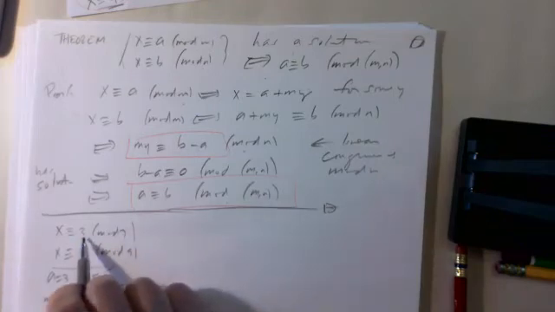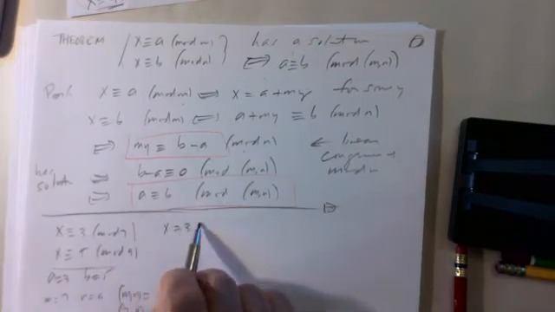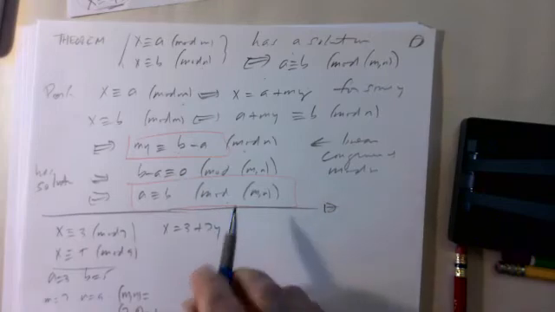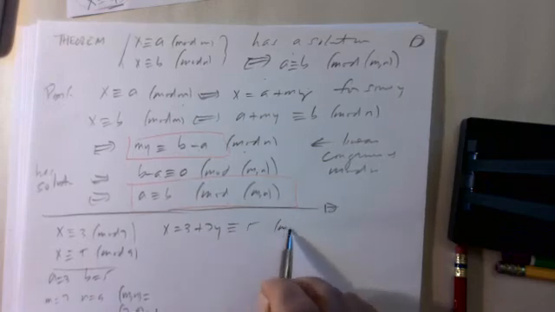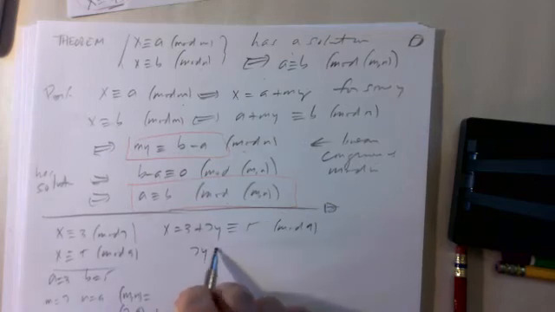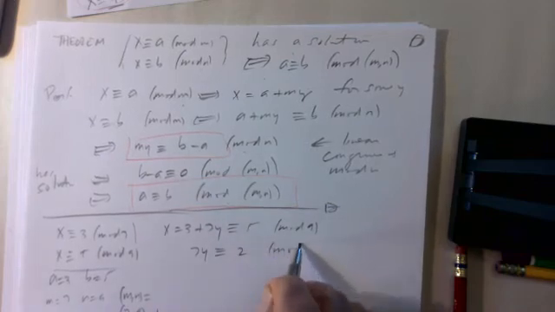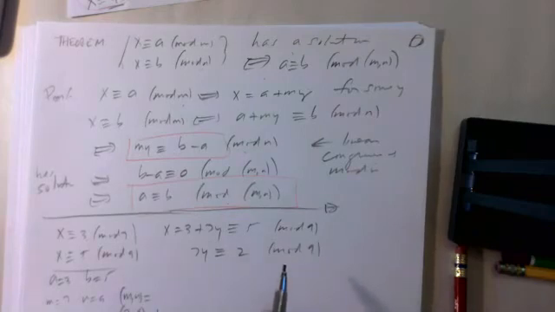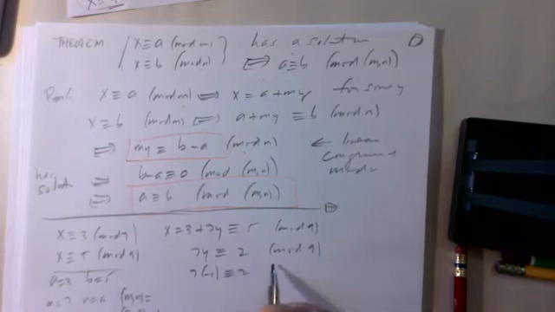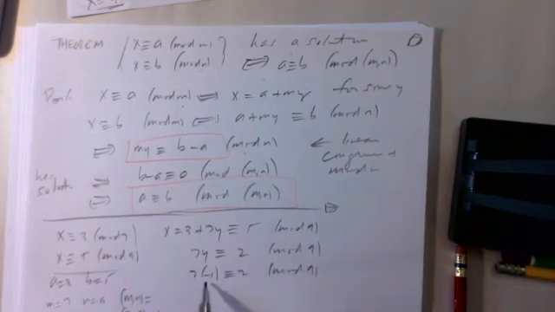So first, if x is 3 mod 7, x is 3 plus 7y for some y, and we want that to be congruent to 5 mod 9, which means we want to solve the congruence 7y congruent to 2 mod 9. And then you have to look for a solution. Notice 7 times minus 1 is congruent to 2 mod 9, because minus 7 minus 2 is divisible by 9.